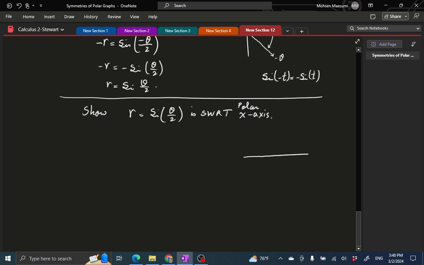The criterion is, well, if I have the location r theta and this is the x or polar axis, I want to know who is this. Who is this? Simple way to come to this location is, okay, if this is for example 30 degrees, it's going to be minus 30 degrees. So this is the location r and minus theta.